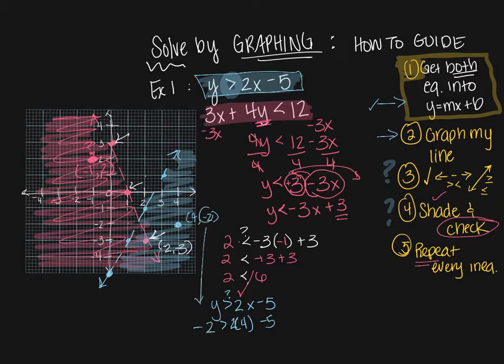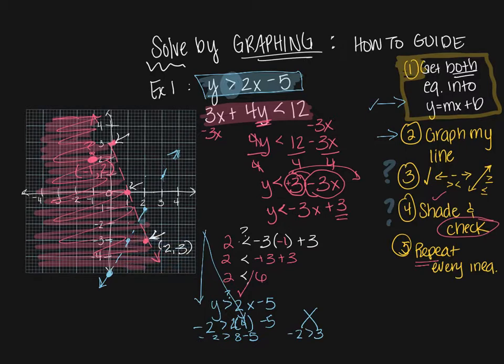I just plugged this in and plugged that in. And -2 is greater than 8 minus 5, which tells me that -2 is greater than 3. Is that right? Oh no, I shaded on the wrong side. You were probably already saying, Miss Sackno, you're not doing this right. But this is a good example of how shading and checking works. So we're going to erase this blue area that I've shaded over here. All right, that did not work the way I wanted it to.